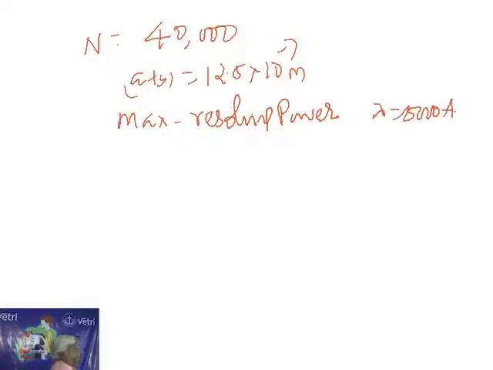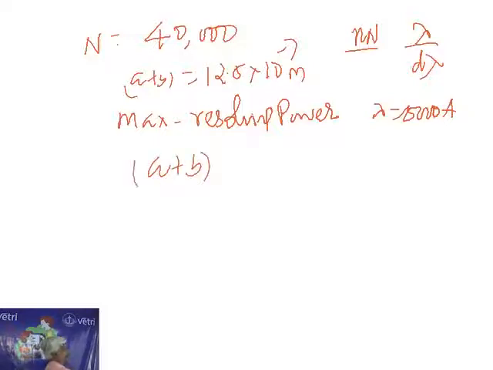In this case, I have already given the formula for resolving power: small n into capital N, or lambda by d lambda. In this problem, lambda is given but no d lambda, and the capital N value is given but no small n. How can you calculate? We know for grating, I have given in the chart itself, (a plus b) sin theta is equal to n lambda.